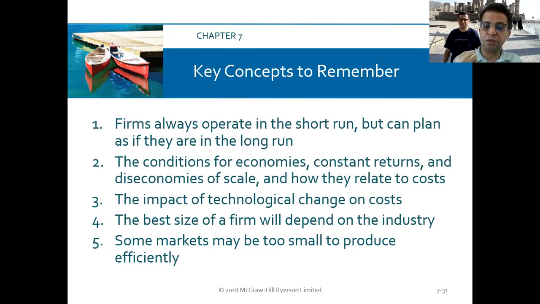Also the impact of technological change on cost; we brought the chainsaw case and the Canadian farmers. The best size of a firm will depend on the industry. Some markets may be too small to produce efficiently.